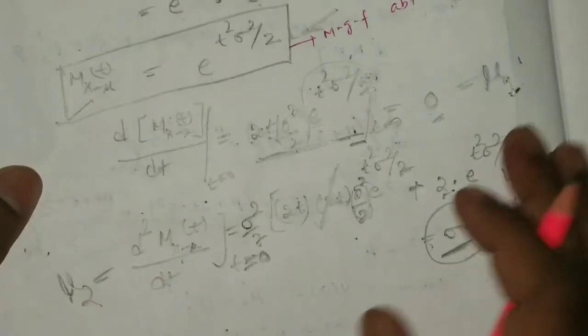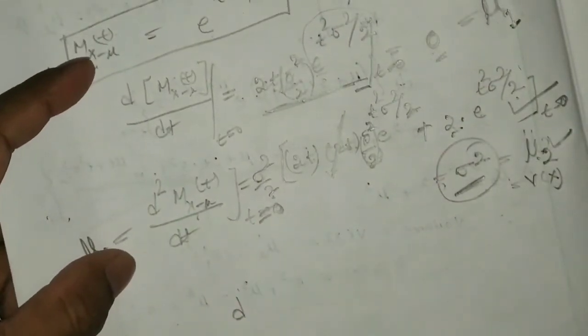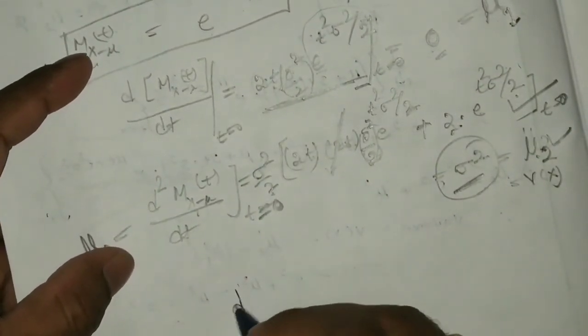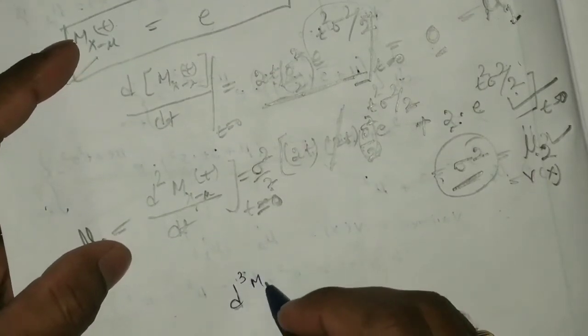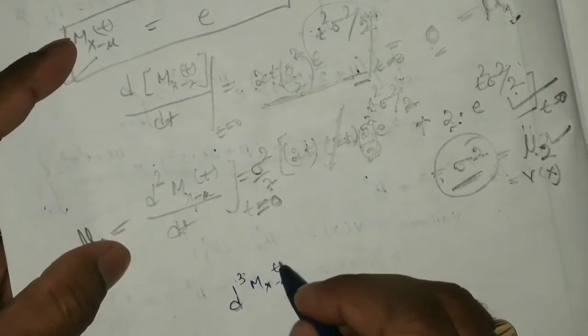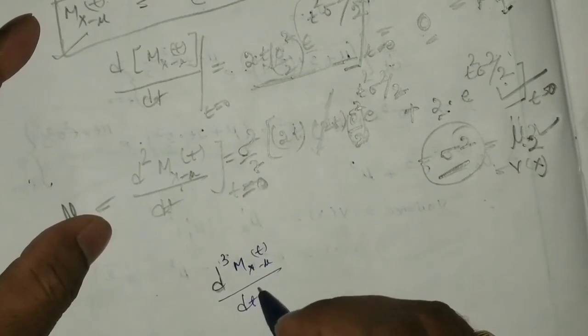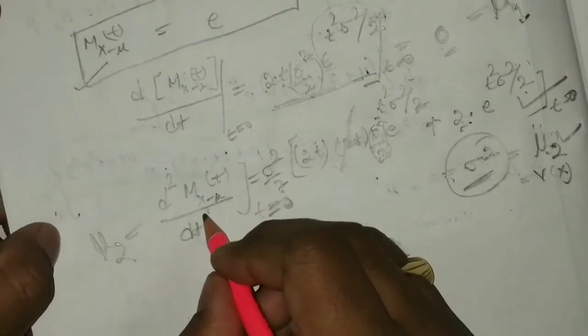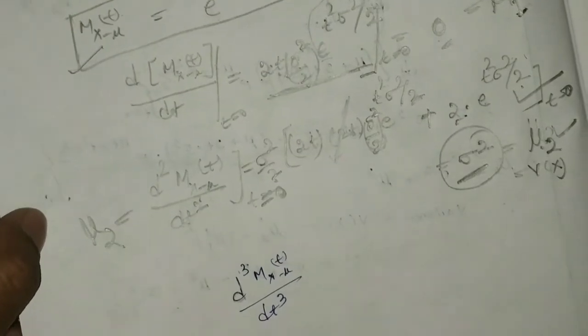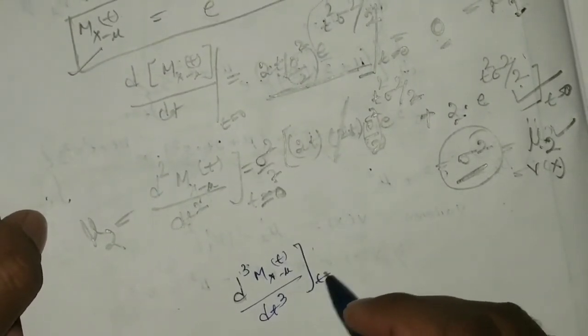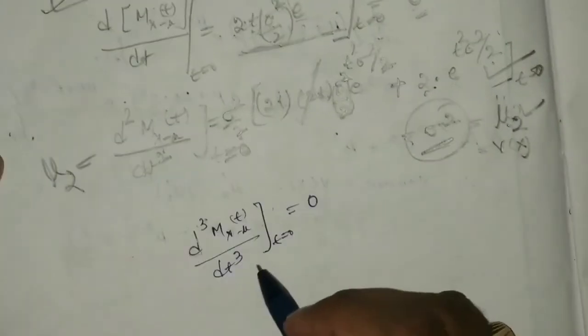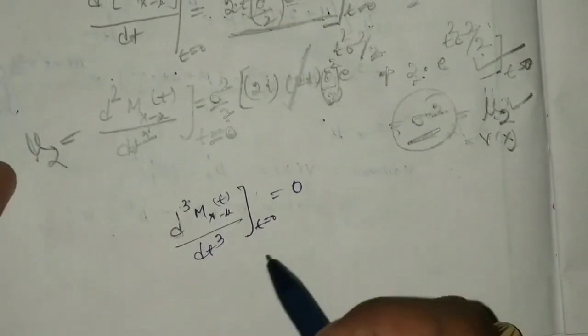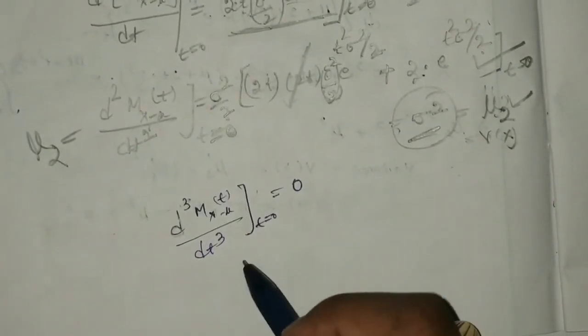Likewise, if you are going to consider d cubed M_X minus mu of t by dt cubed, I forgot to write this dt square, at t equal to 0, you will find 0. This is the odd order moment about the mean.